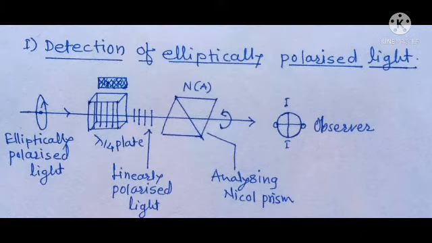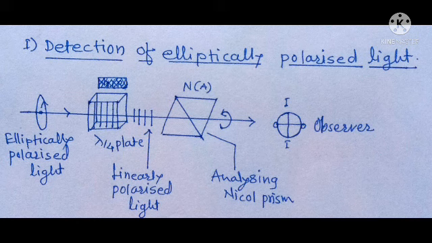Now see the detection of elliptically polarized light. Observe this figure. In this figure, elliptically polarized light is incident on a quarter wave plate represented by lambda by 4 plate.